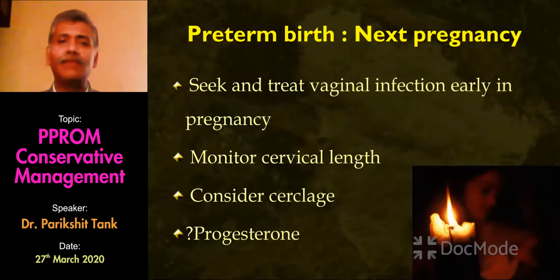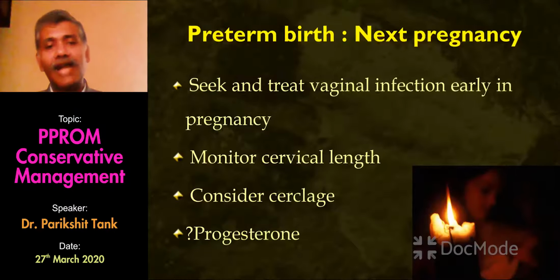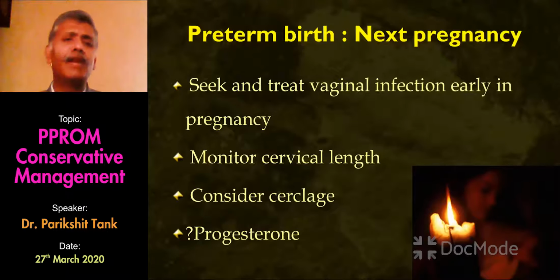Well, that's the time to consider a cerclage, not routinely at all. And one could consider the use of progesterone because of limited risk that it poses and the fact that it's not an operative intervention.